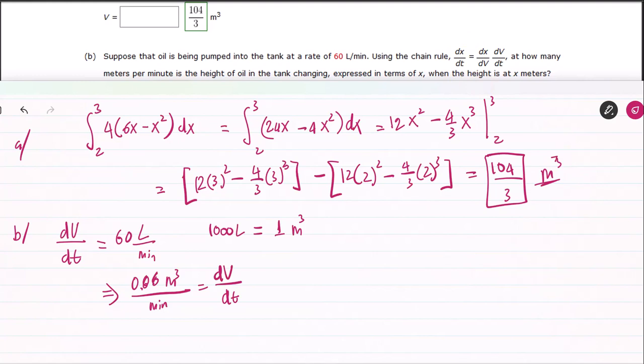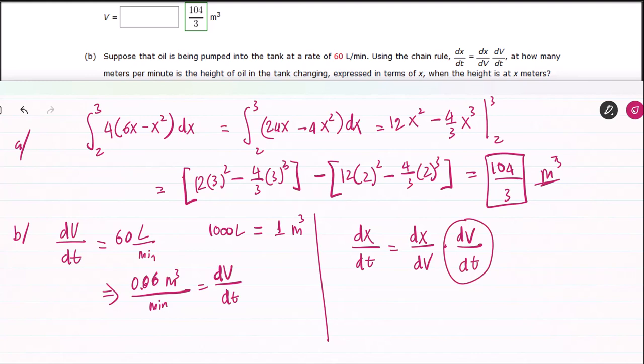All right, so in this case, we have dx/dt equals dx/dV multiplied by dV/dt. We have dV/dt already, which is this number right here. So now I have to find what dx/dV is.